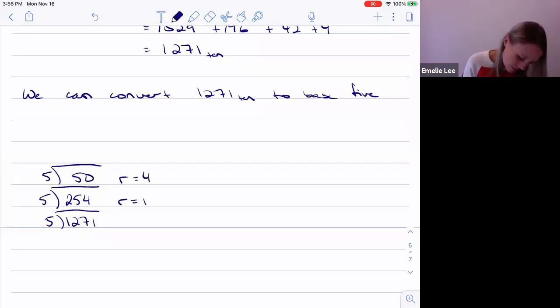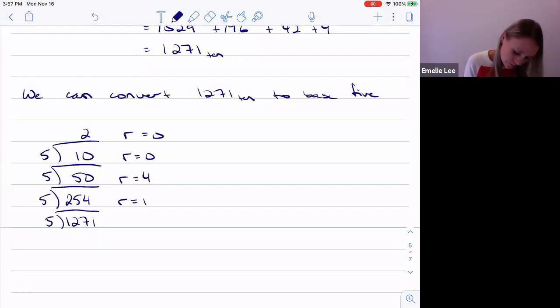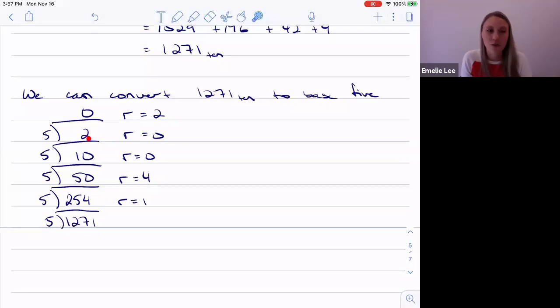If I divide 50 by 5, I get 10, with a remainder of 0. 10 times 5 is 50, so remainder of 0. 5 goes into 10 twice, with a remainder of 0. 5 goes into 2 0 times, but the remainder here is whatever's left over, which is my 2.